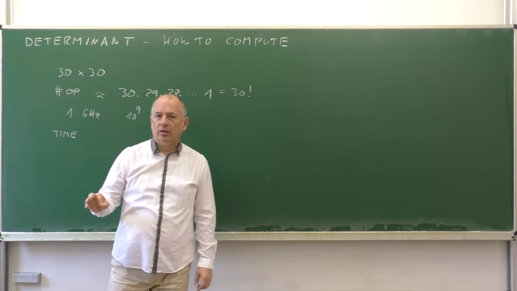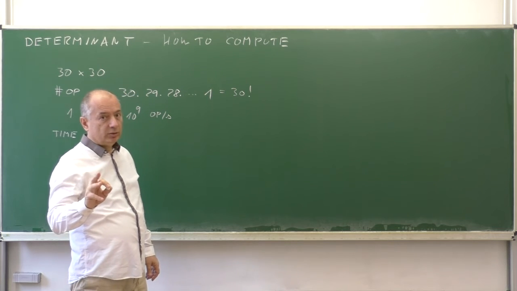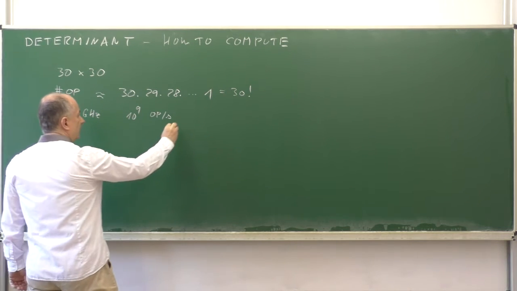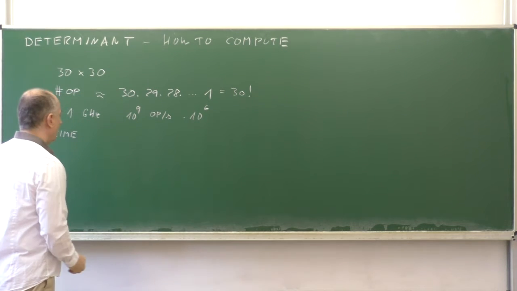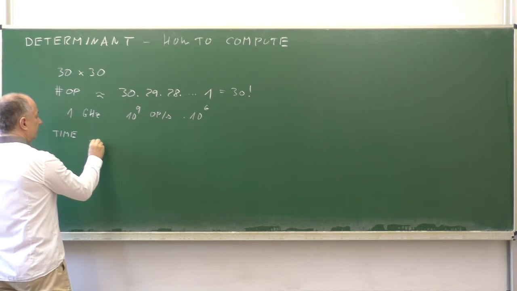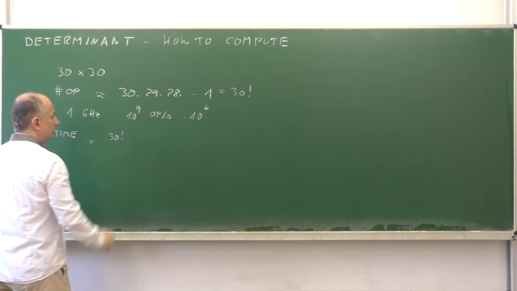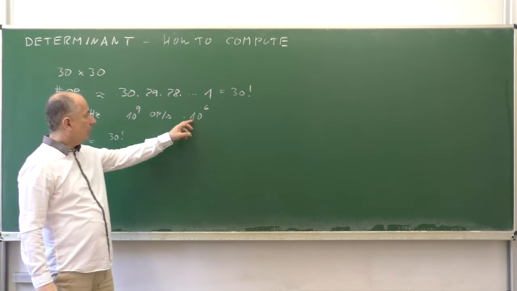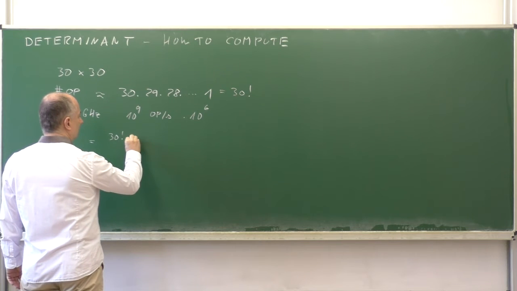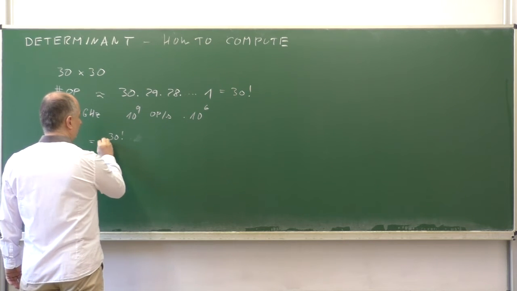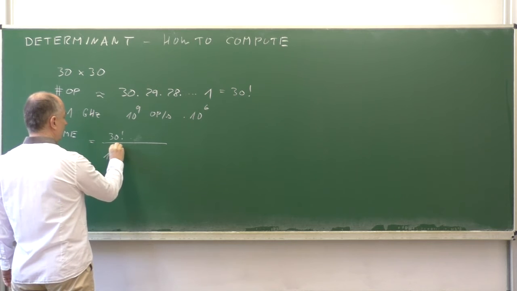Imagine we take a computer which has 1 million processors. So we can multiply by 10 to the 6. So the time would be 30 factorial divided by 10 to the 9 plus 6, which is 15.